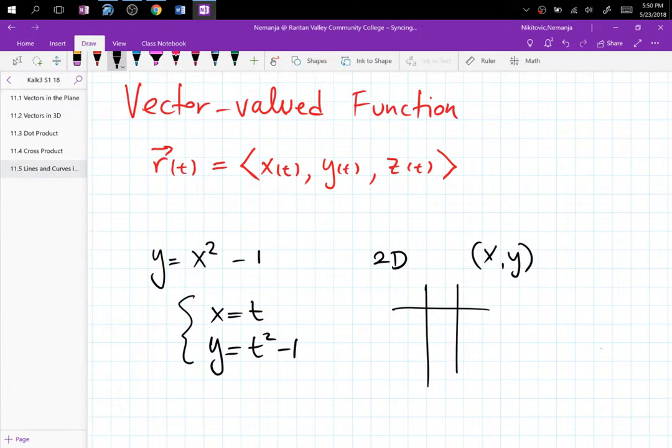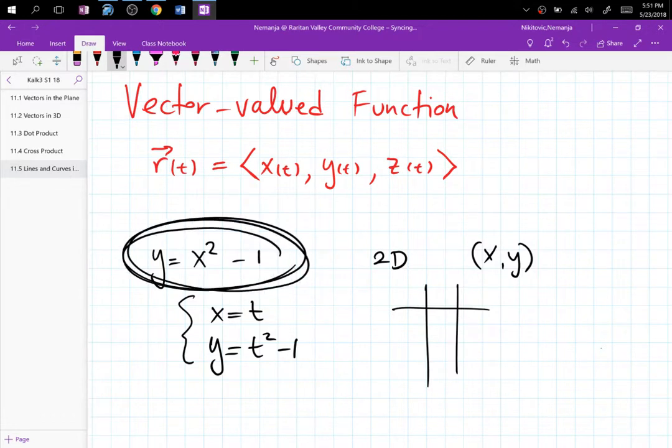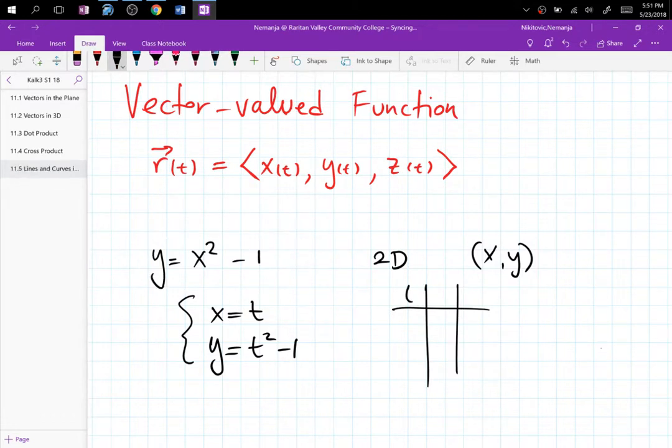Instead of assigning x's and computing y's, I can assign time. Time 0, time 1, time 2, time 3. Say seconds or years or whatever. And then we can use our equations to compute x and y. Because x is equal to t, x's will be 0, 1, 2, and 3.